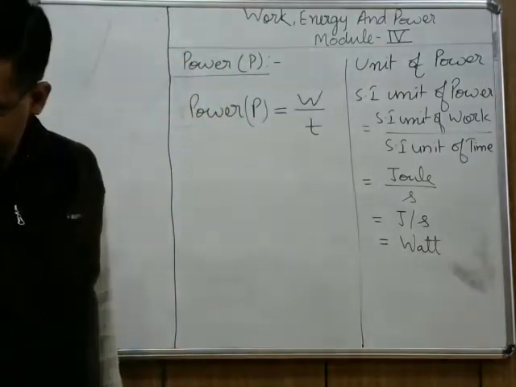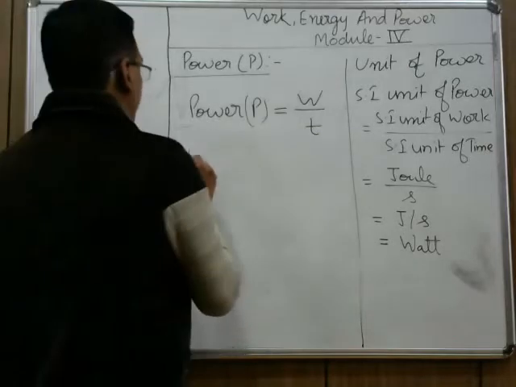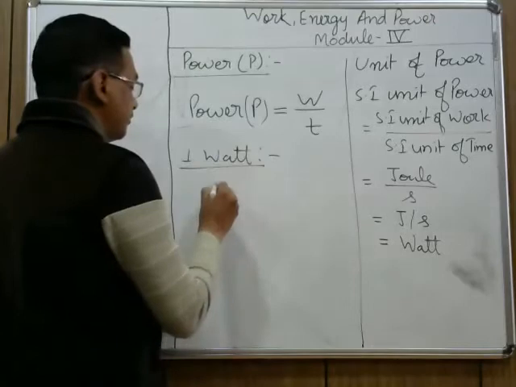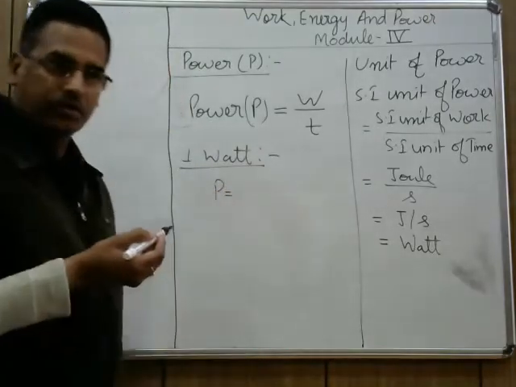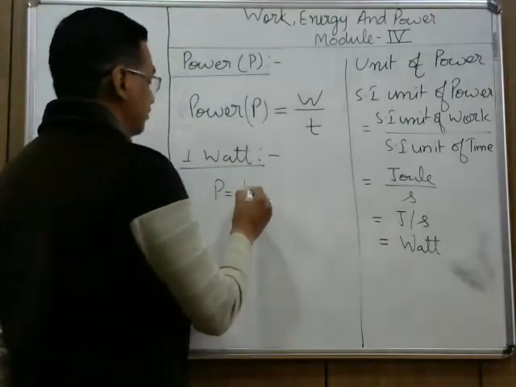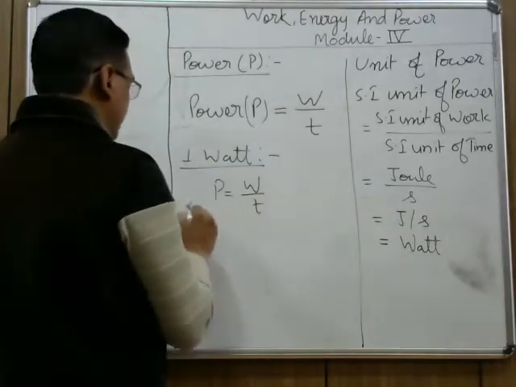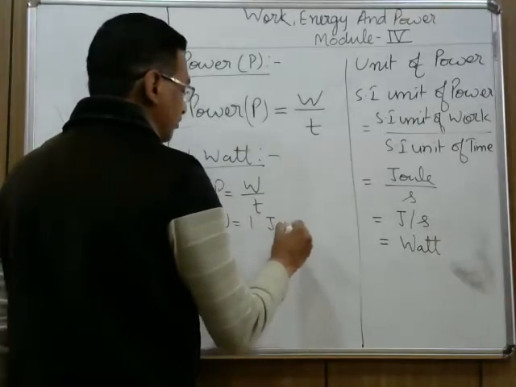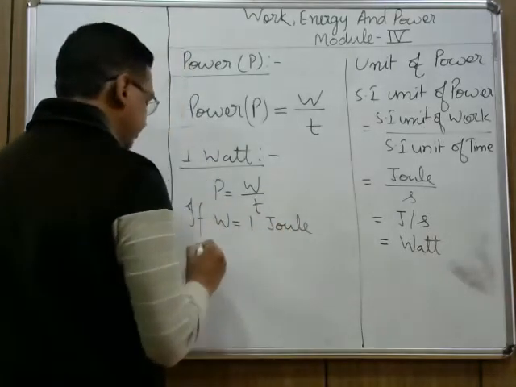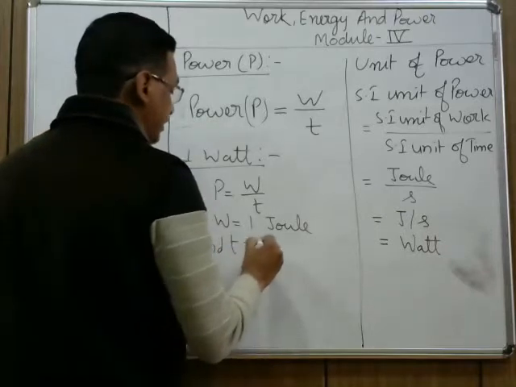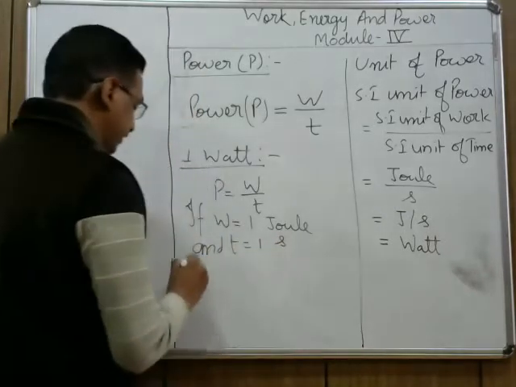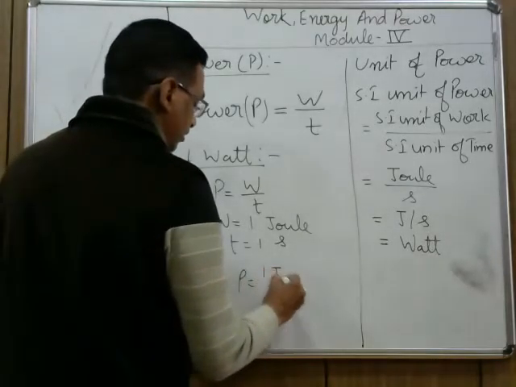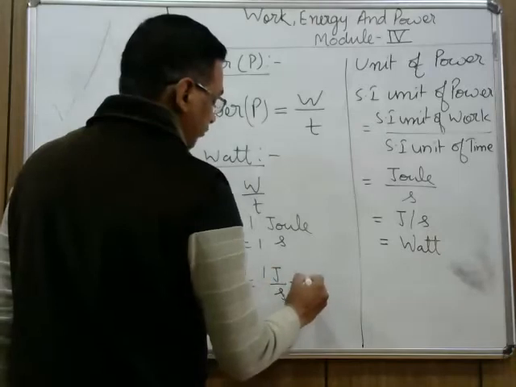For this, we will take the help of the formula of power, P equals W upon T. In this, if work is 1 joule and time is 1 second, then power will be 1 joule per second, or this is 1 watt.